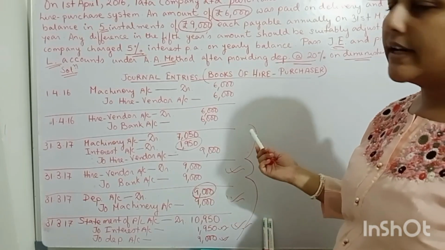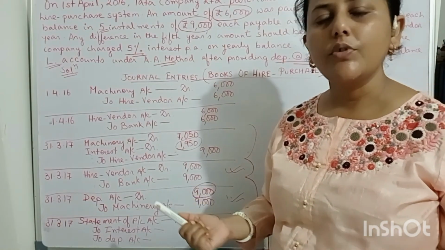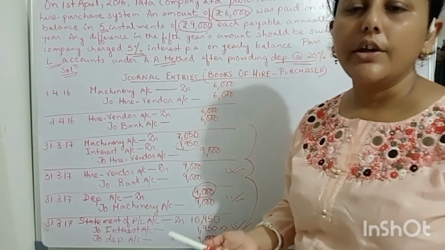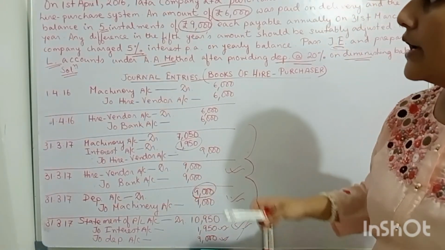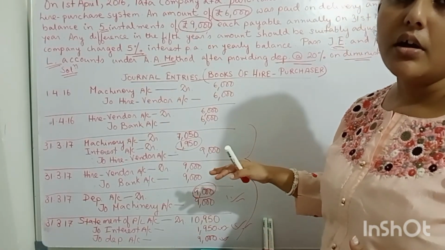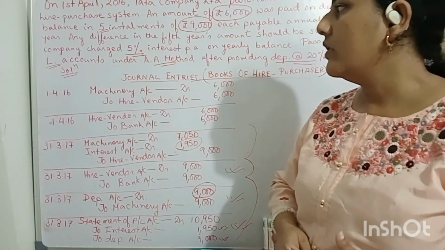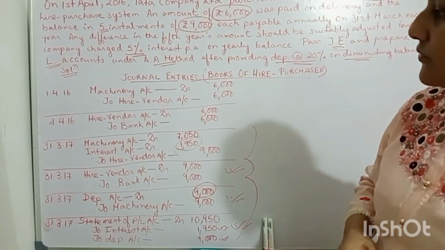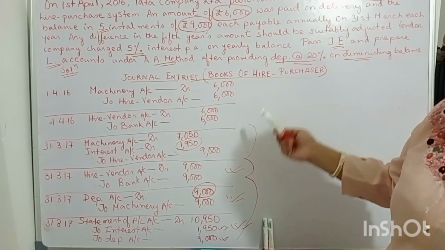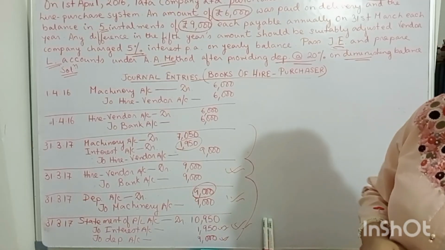Only that much you have to do in this sum, that you will do by yourself in your rough copies. I have just tried to explain the critical part and make it easier for you. So only this much is important.